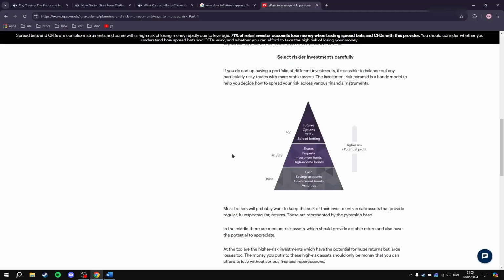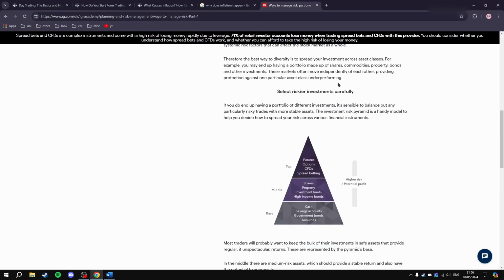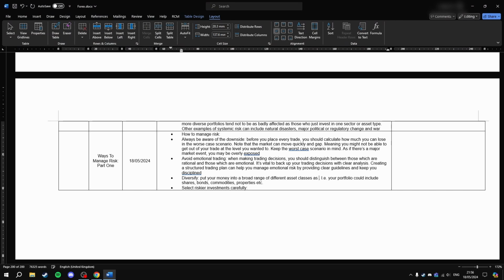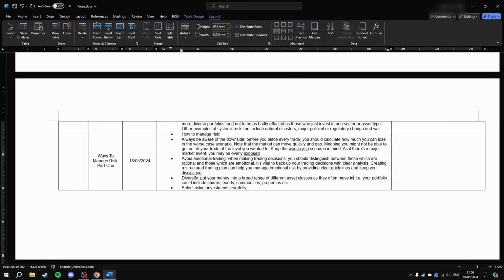Select riskier investments carefully. Put your money into a broad range of different asset classes, as they often move independently from each other.